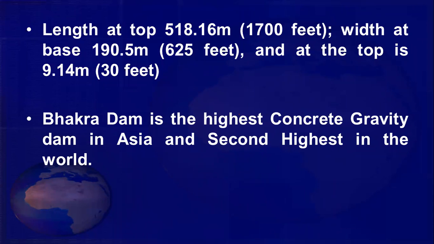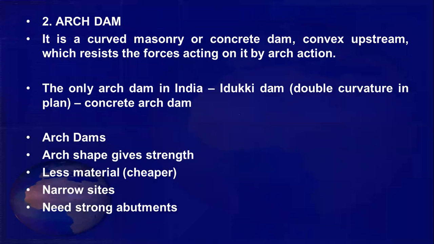The length at the top is 518 meters, that is near about half a kilometer, and various other specifications are also given. Bhakra Dam is the highest concrete gravity dam in Asia and second highest in the world. So you as a student should remember this. This may be asked in competitive exams.